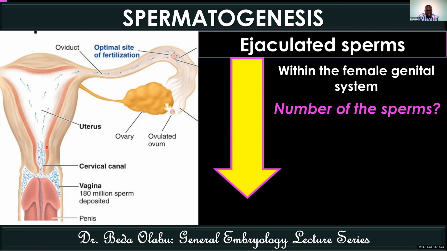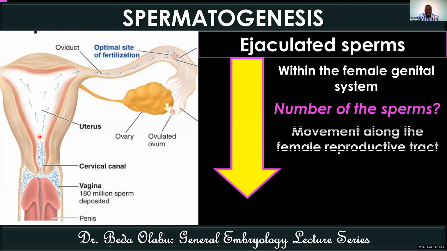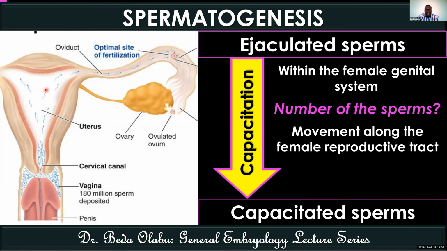Unfortunately, I can hear somebody saying, ouch. Anyway, the 1% that climb up, the lucky ones, will then climb towards the endometrial cavity and swim towards the fallopian tubes, either direction. During that journey, those sperms will undergo the last maturation step.